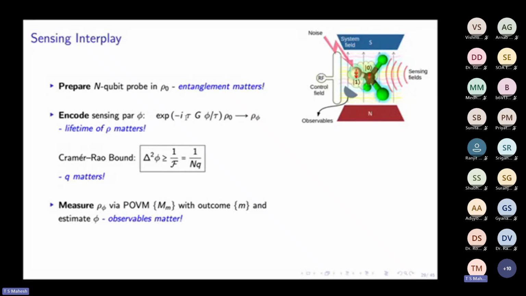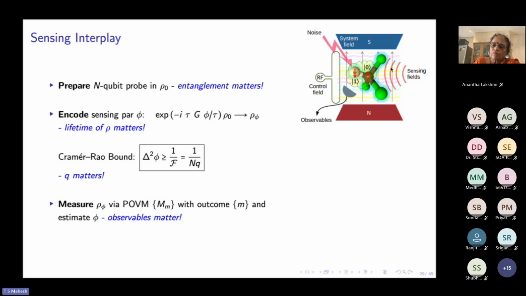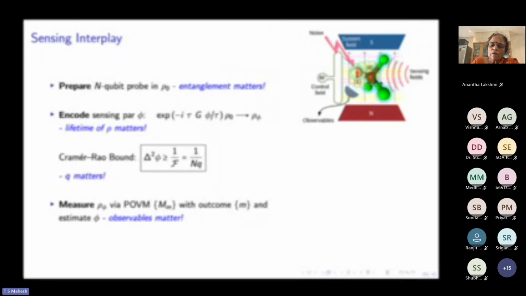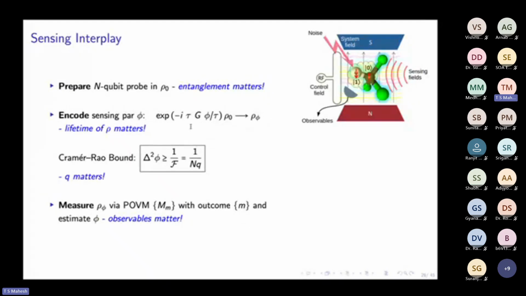It could sometimes be long, such that the lifetime of rho matters, because if this quantum state is very sensitive but not long lived, then it is not able to capture that sensing field. It is not able to get itself encoded. So this lifetime of the quantum state is also important.